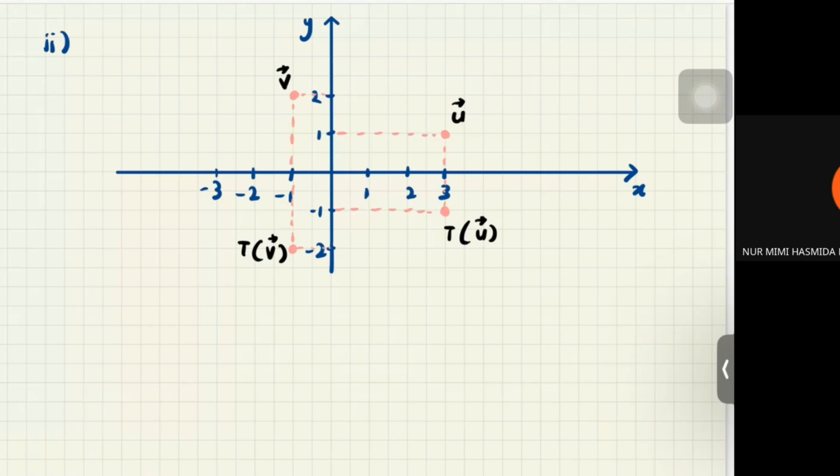In the exam, it is not necessary to write down the dotted line. The dot is enough.